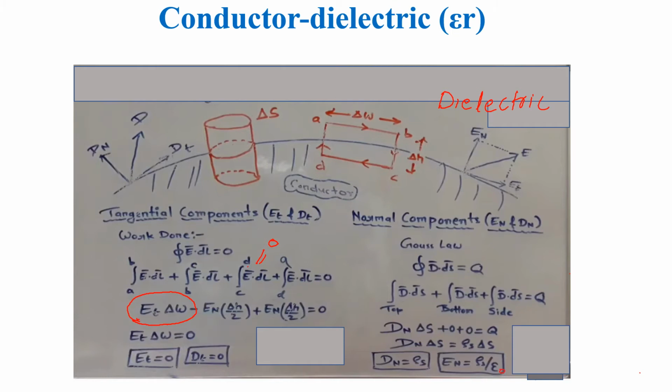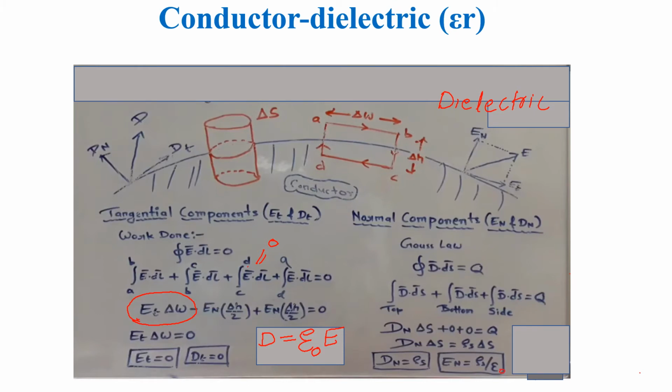And we know that D equal to epsilon E. In the previous case, it was D equal to epsilon 0 E because it was a free space.